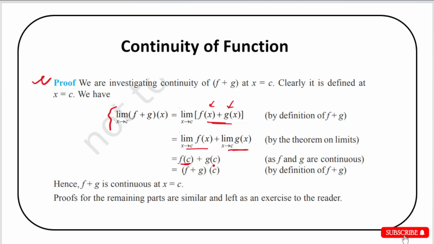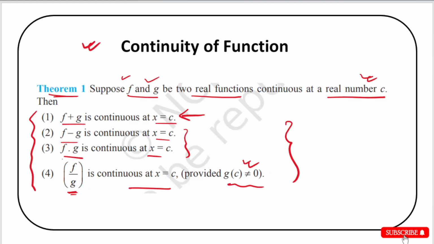Here also the limiting value will be equal to the functional value, and you can then add these by the definition of f plus g, and this will give you your criteria that here the limiting value is equal to the functional value, right? And this is the criteria for continuity. So f plus g is continuous, and the rest of the things are similar. You can try it for minus, product, and division.